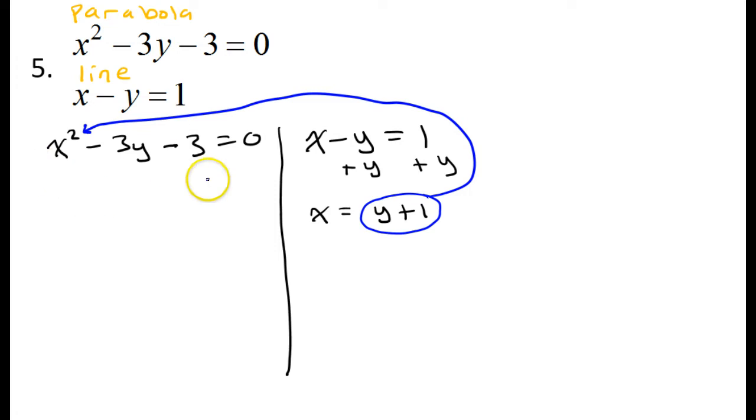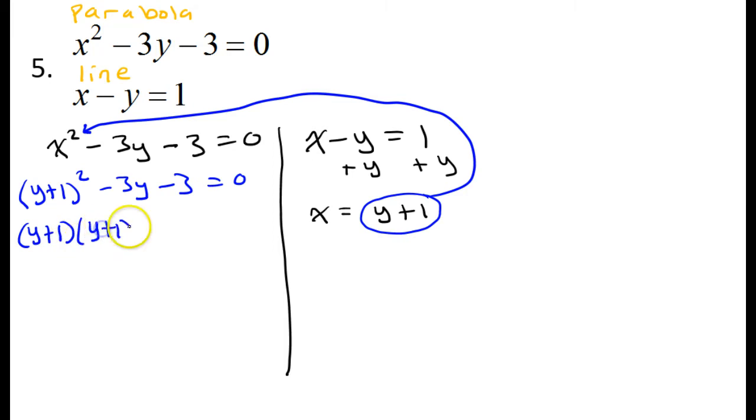So if I do that, this equation will become y plus 1 squared minus 3y minus 3 is equal to 0. Y plus 1 squared is y plus 1 times y plus 1 minus 3y minus 3 equals 0.